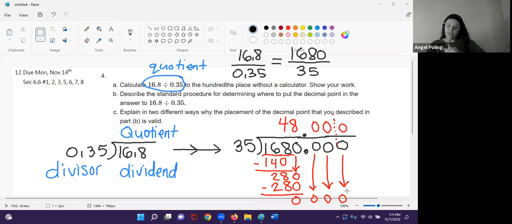And now we're going to explain in several ways why this answer is correct. I put it in the calculator just to make sure, but now we're going to show in ways other than the calculator that we are sure. And you don't have a calculator on the test, right? So you definitely want to know more than one way to do something, right?